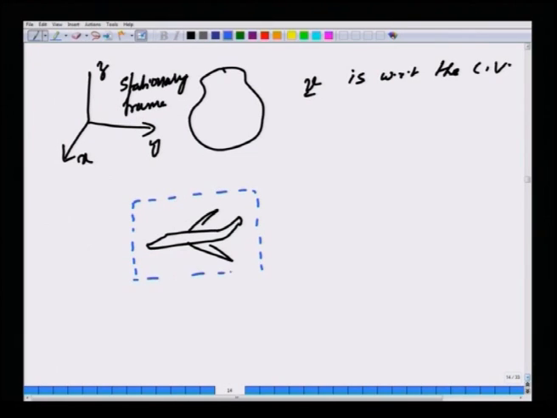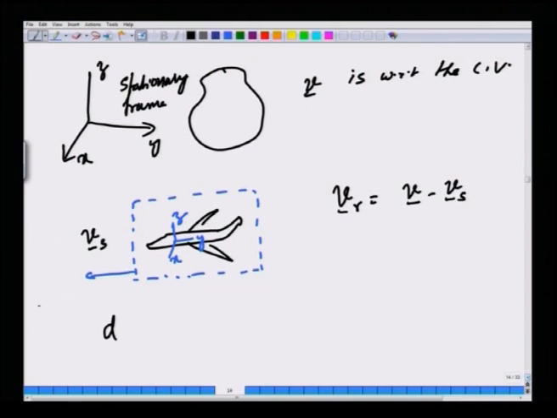I can construct a moving frame of reference where I put my coordinate system on the airplane itself, in which case the CV itself is moving at a constant velocity. Your CV is not a fixed region in space, it is following the airplane. So, we can define relative velocity as V minus Vs, where the CV is moving with a velocity Vs.